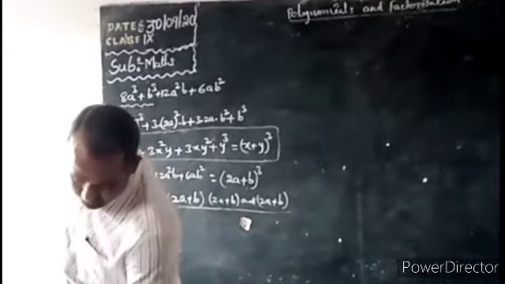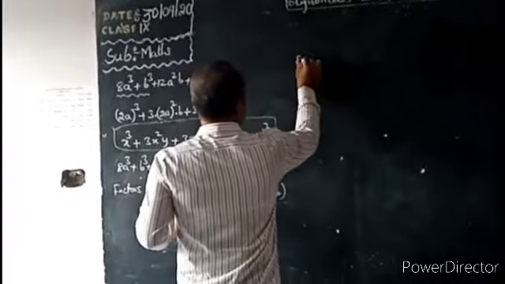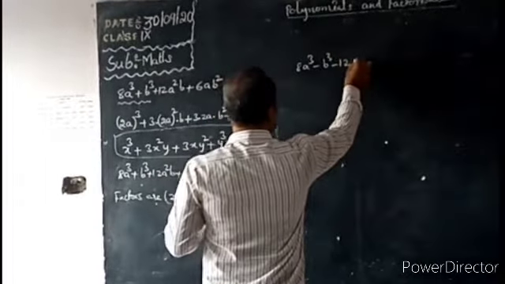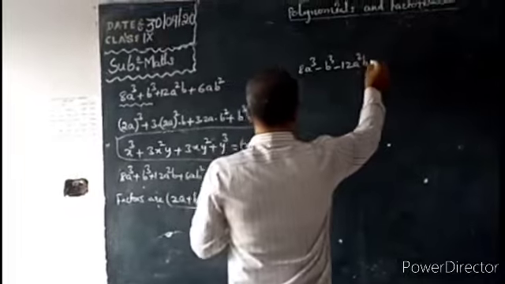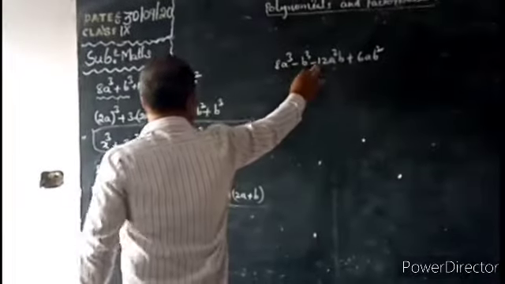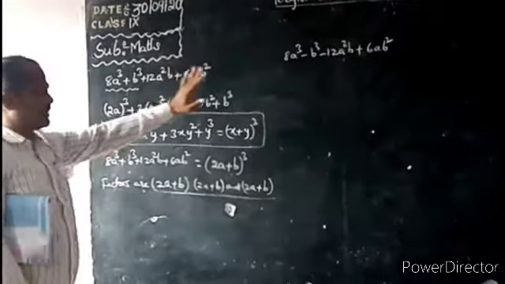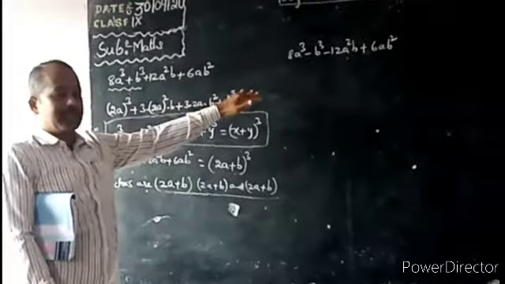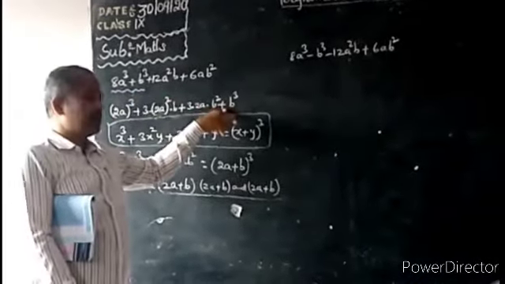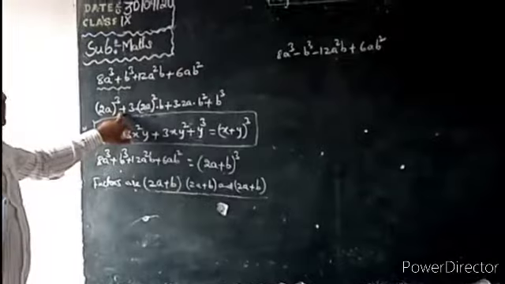In the next case, 8a cube minus b cube minus 12a square b plus 6ab square. Same question, just changing the symbols. Yes, no? Same formation you have to write. Where minus exists, there keep minus, and where plus, plus. That means here 2a whole cube. This one should be written as minus b cube. Here minus or plus?